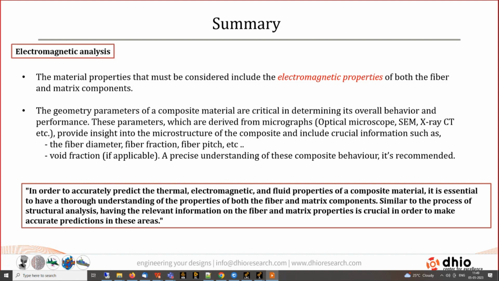The diameters of the fiber, the volume fractions of the fiber, the pitch at which the fibers are arranged, as well as the void fractions distributed in the composite, play a very crucial role in determining the electromagnetic properties. So this is the summary of our analysis.